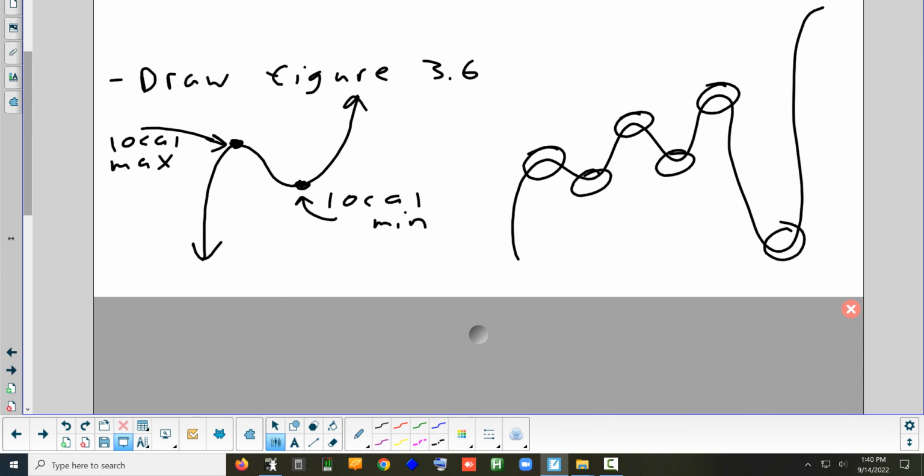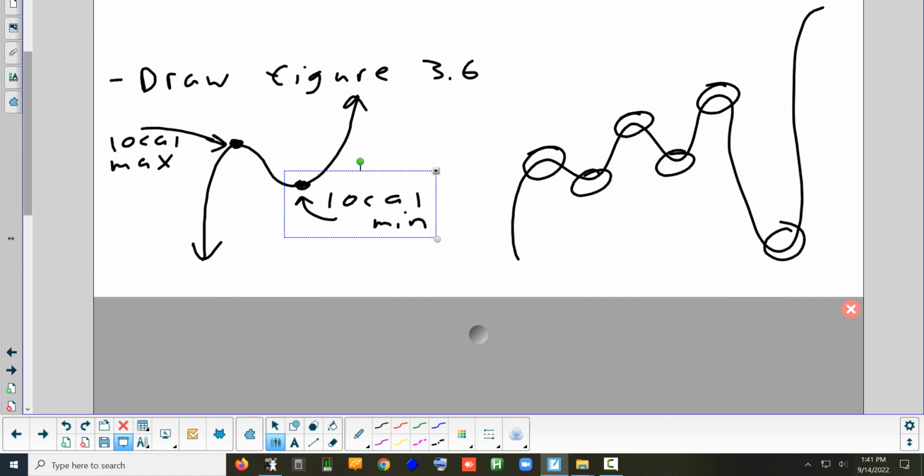When I have a local maximum or minimum, I'm not saying that this value is the lowest. I'm saying locally it's the lowest. Locally means exactly what it sounds like. Okay? It means it's in a small area. So a local minimum is a value that's lower than everything around it.